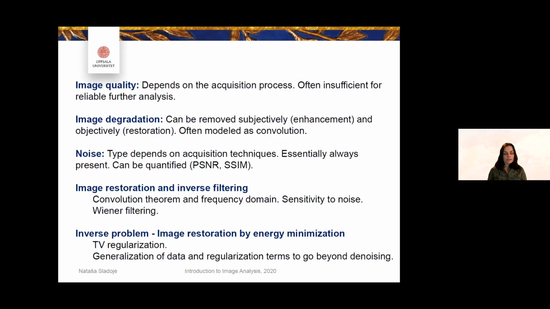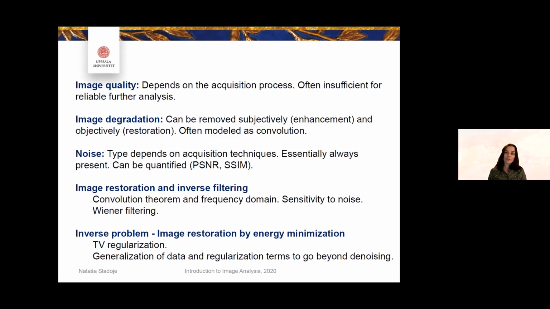Let me then summarize what we have in these 3 parts of the lecture. We talked about image quality, which of course always is affected by the acquisition process and is always insufficient.